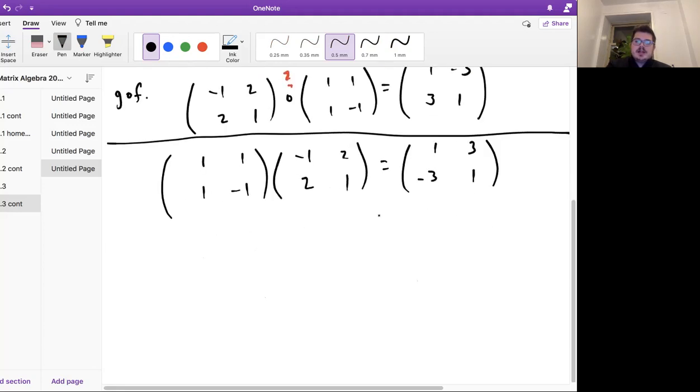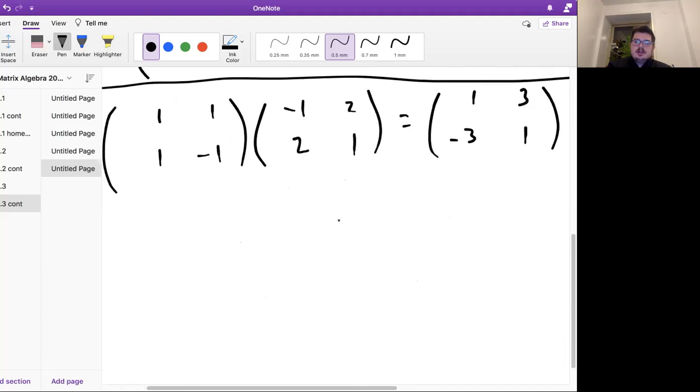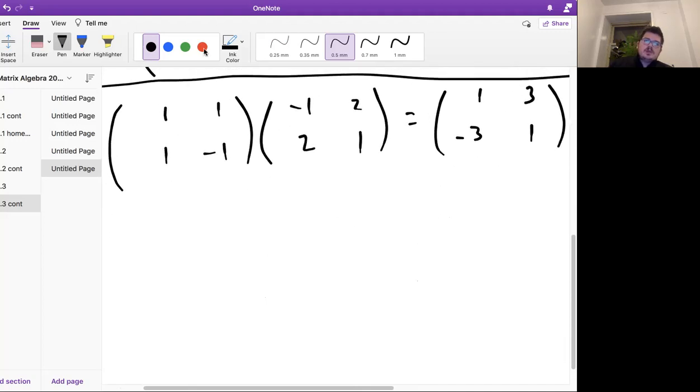Okay, so let's think about the composition right here. The result of this function on xy, let's maybe even put that in there.